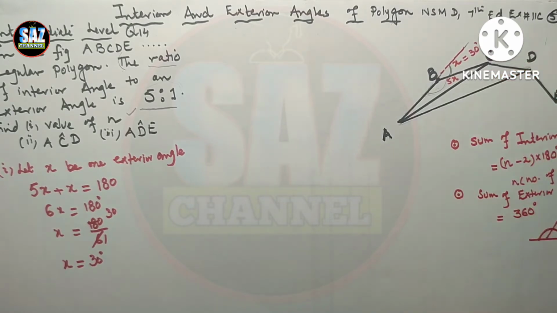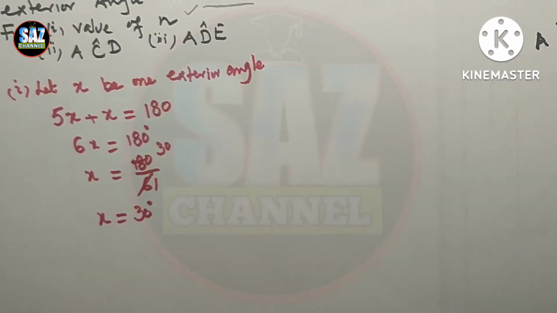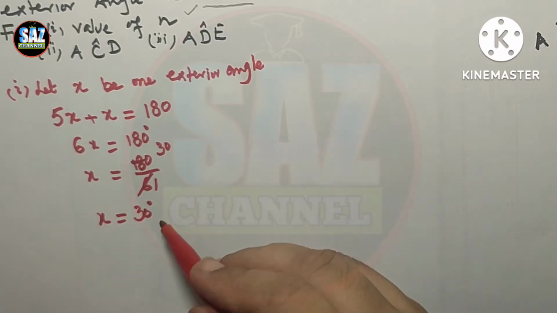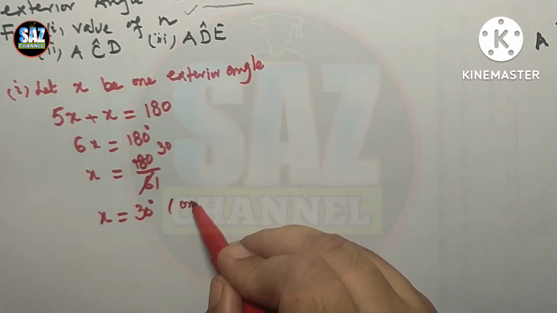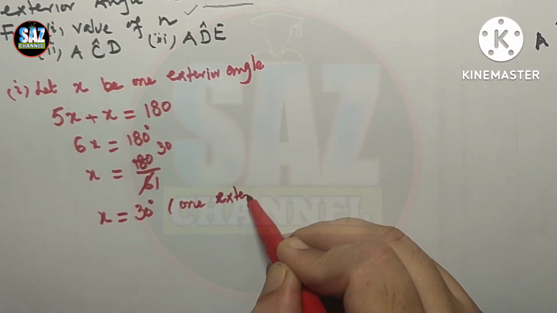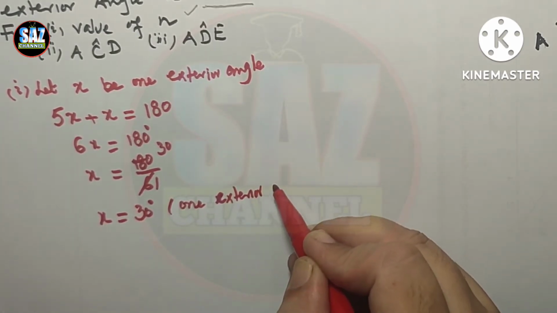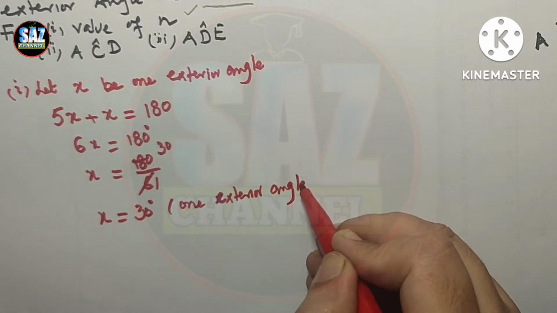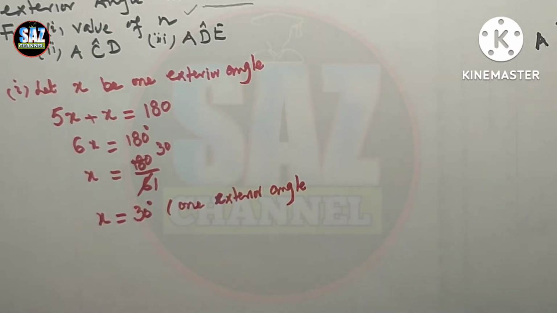Now the requirement is to find the number of sides. This is one exterior angle. The actual reason we are calculating the size of one exterior angle is that we need to find the number of sides.